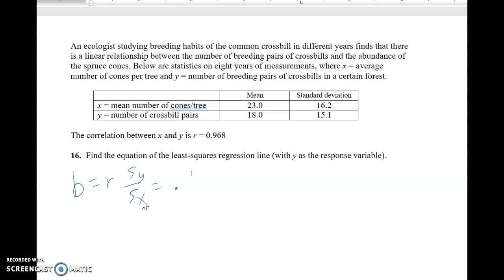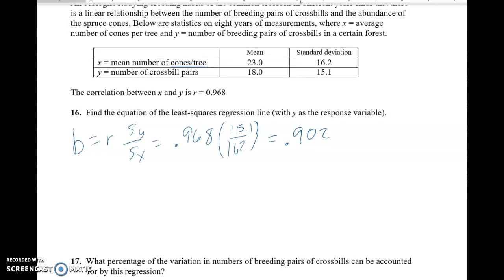So 0.968 times S sub y is 15.1 and S sub x is 16.2. So that's our value for B. Of course, A is equal to y bar minus b x bar, which is negative 2.746.